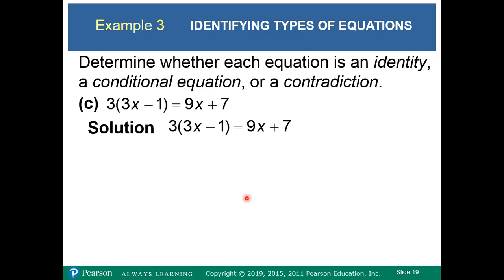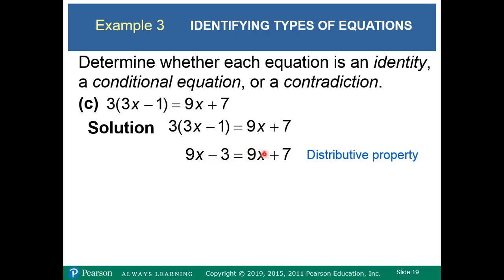Now, what about this one? Here we're going to do the same thing: simplify and see what we get. The first thing we do is distribute. And what do we get? We get 9x minus 3 equals 9x plus 7. Well, that's definitely not the same.